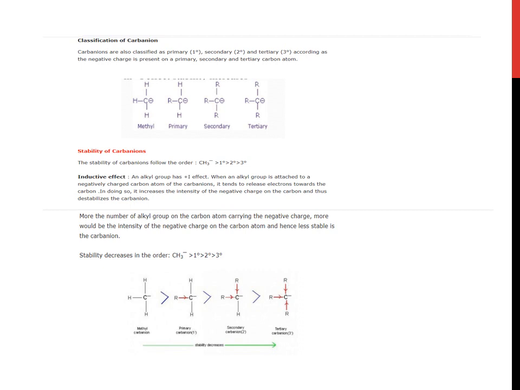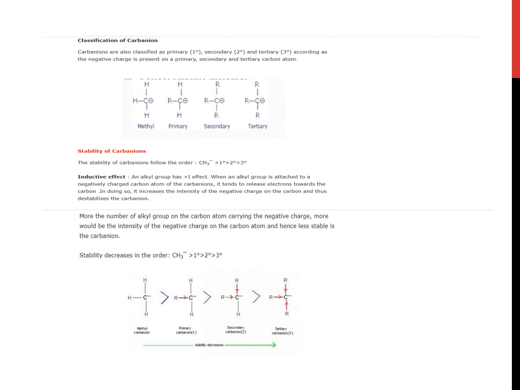Stability decreases in the order CH3 negative, that is a carbanion, then primary, then secondary, then tertiary. Now the order in the form of structures is also shown, with red arrows on the alkyl groups. The arrows show the direction in which electrons are moving. This is CH3 negative, the methyl carbanion. It does not contain any alkyl group.